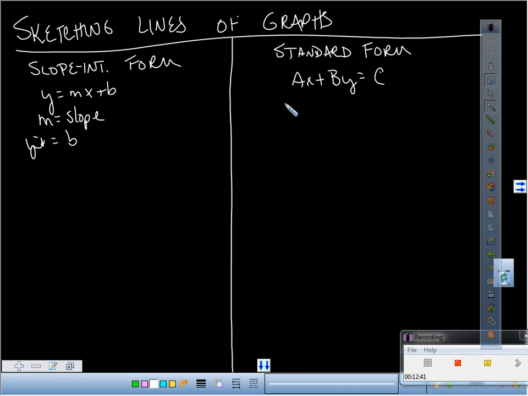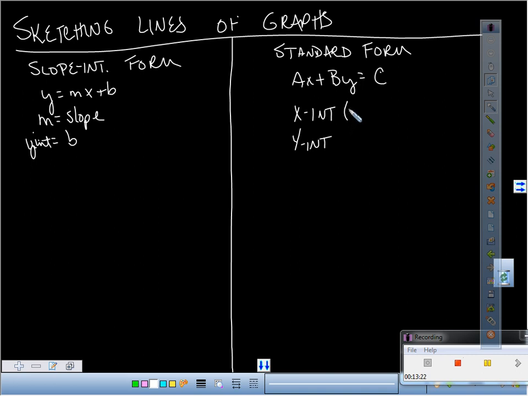So when it's given to you in standard form, I can easily find my x-intercept and my y-intercept. Y-intercept. Yeah, not 14-intercept. Okay? Alright. So over here we can find the x-intercept and the y-intercept really easy. How do you find an x-intercept?